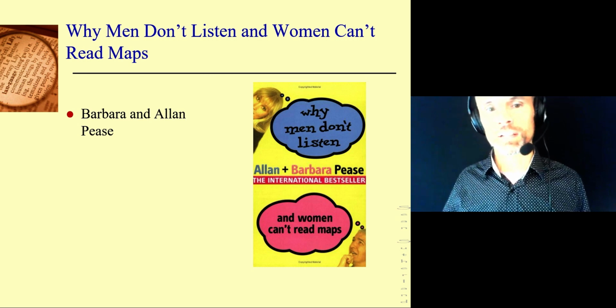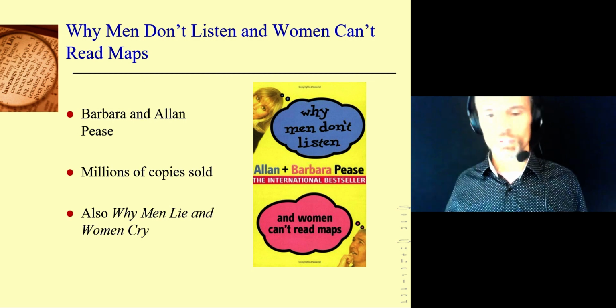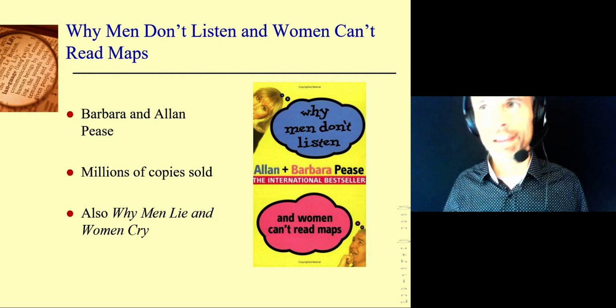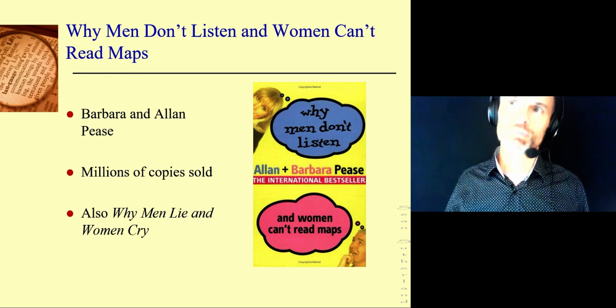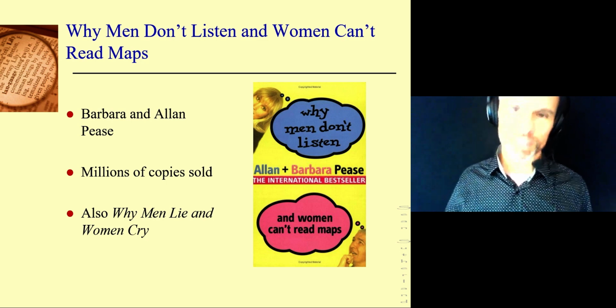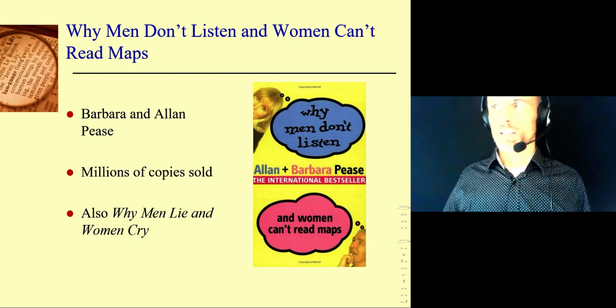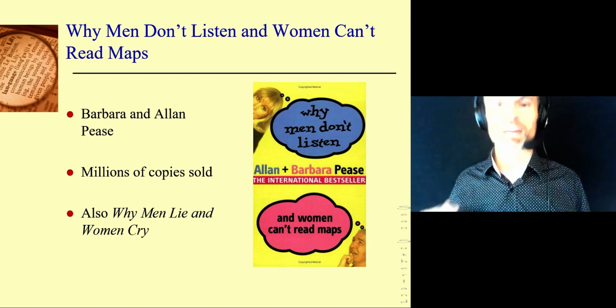And in this book, which sold millions of copies, and the same people also have books with titles like Why Men Lie and Women Cry, they purport to show that men and women are different at their core, right? That there's a real difference between people that they will, of course, explain to you and presumably make your life better by knowing this.